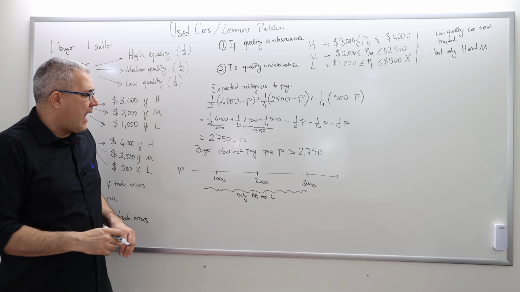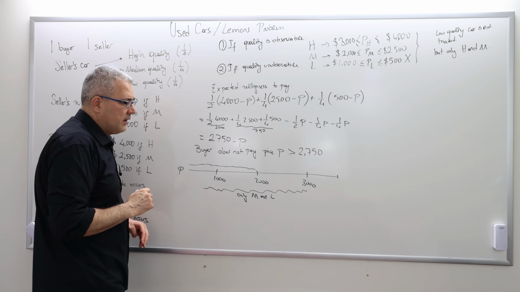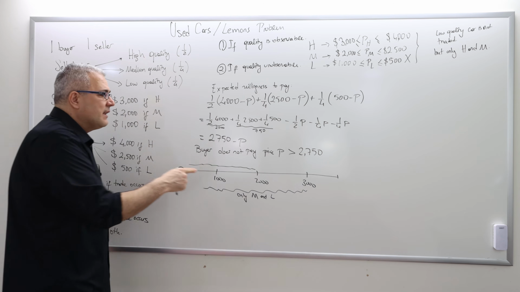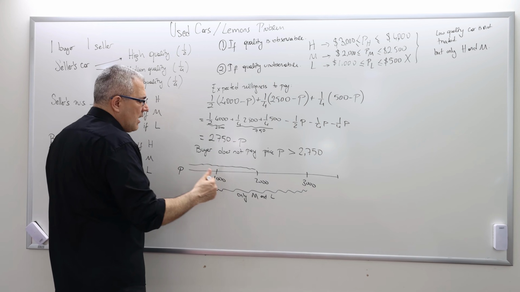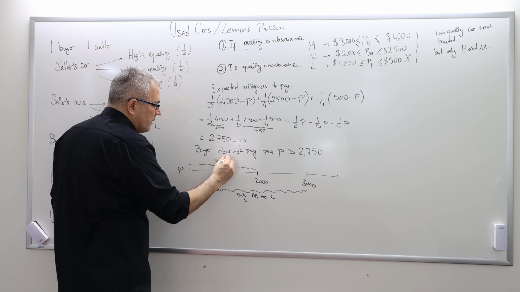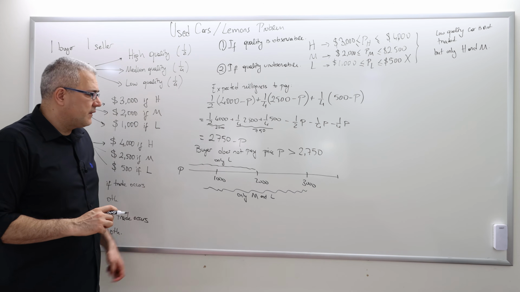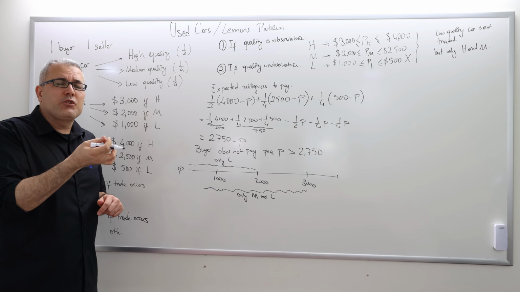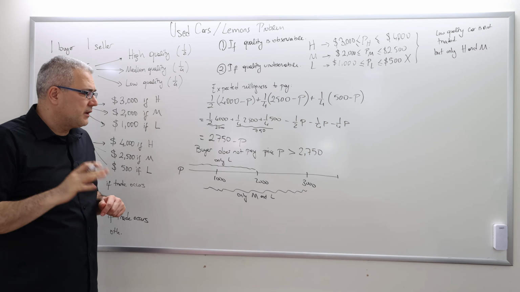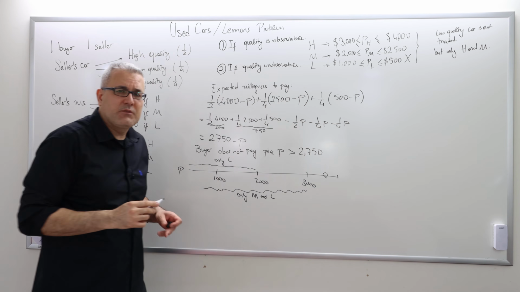All right? And if the price is less than $2,000, I mean, not less than or equal to, strictly less than $2,000, what does that mean? Well, it means only the low type car owner is actually selling his car. So the price is actually providing additional information. What if, for example, the price is higher than $3,000?